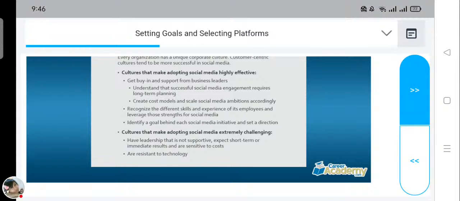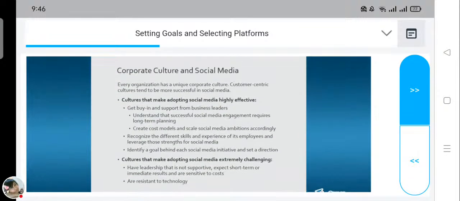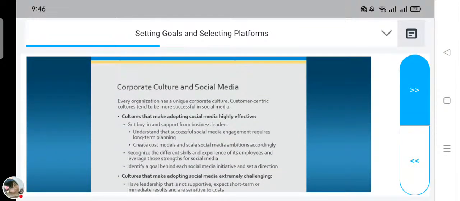So when we talk about corporate culture and the adoption of social media, customer-centric cultures tend to be more successful. In other words, they're more keyed in to their customer, so they're more willing to adapt. Cultures that make adopting social media highly effective also get buy-in and support from their business leaders.